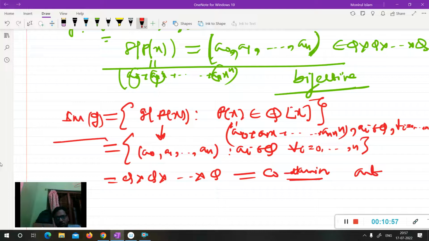So this map is onto, that is, a surjective map. Also you can check clearly that this map is one-one.